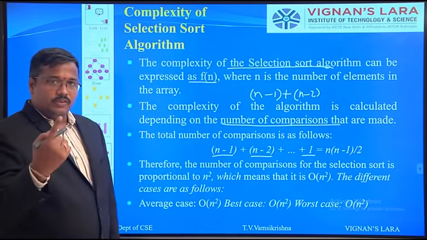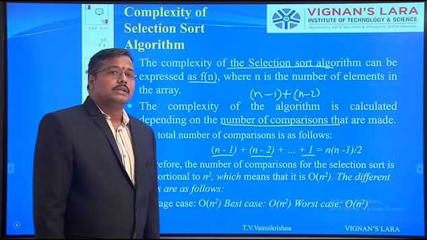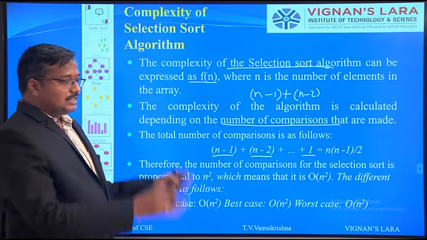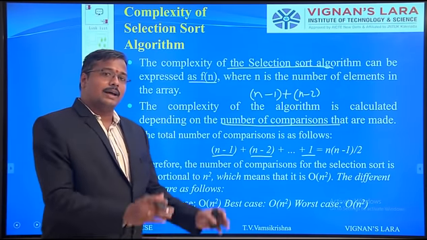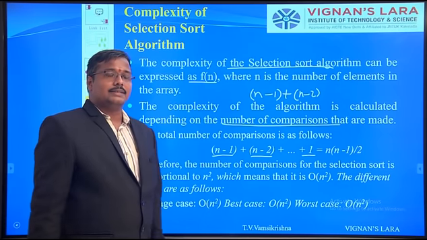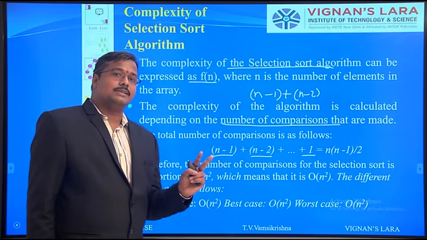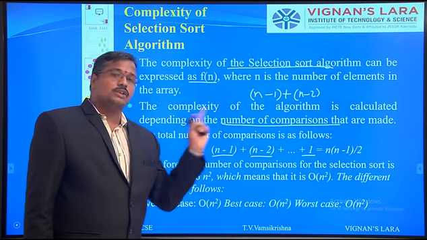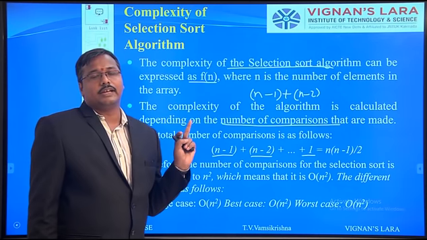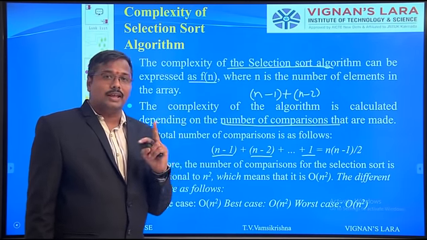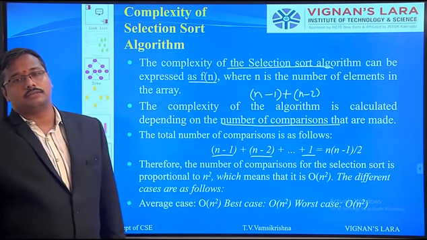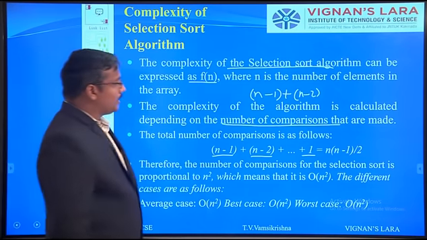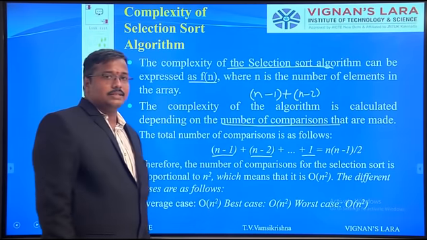At last we made only one comparison. In the previous animation also, with 6 elements, 5 passes are enough. The 5th pass consists of only 2 elements. The first one we identify as the minimum element, and whether it is the minimum or not, we need to check only the next element. So only one comparison is required at the end.